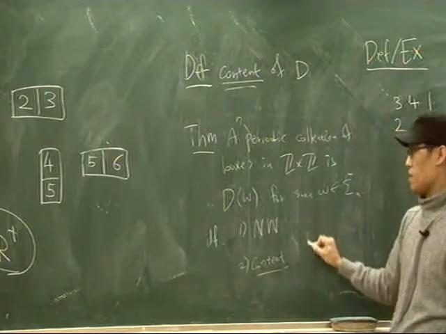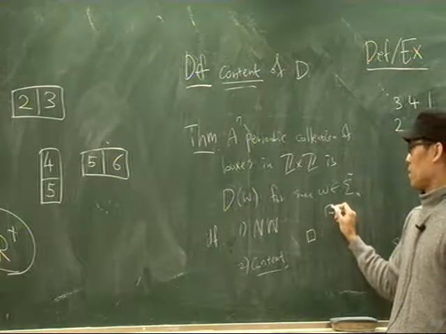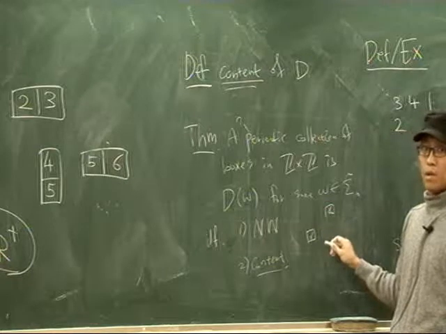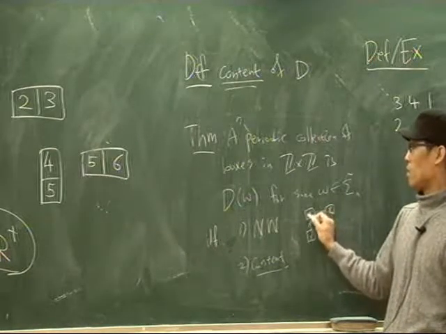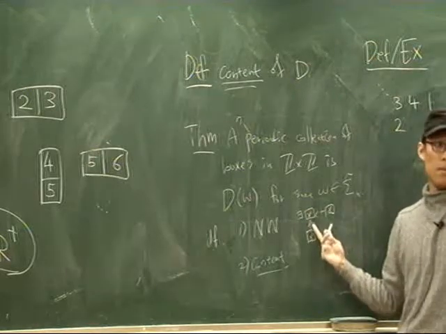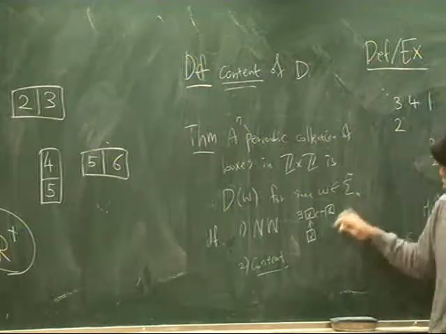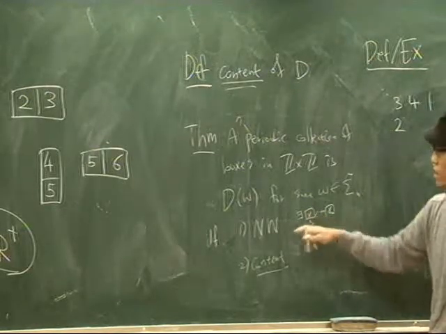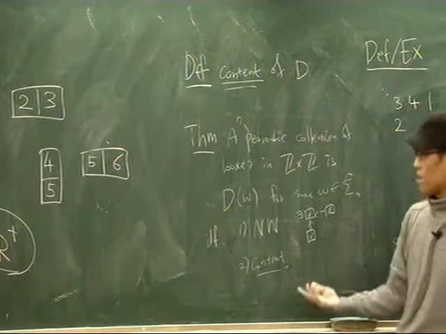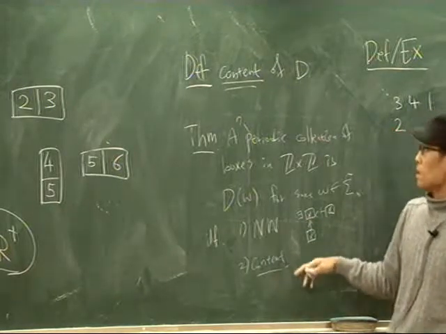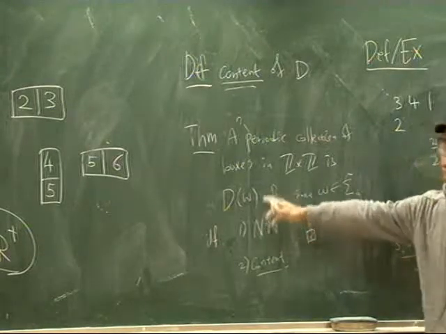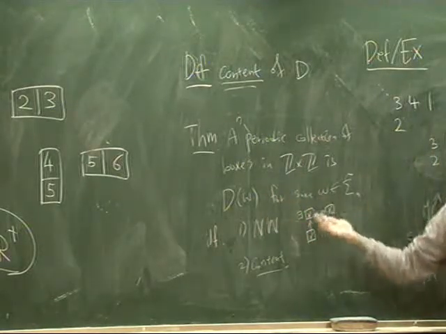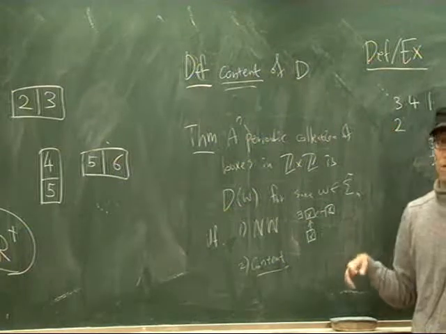Northwest property means if we have these two boxes in a diagram, we also have to have this box in the diagram. If it satisfies the northwest property and there exists a content map, it is a diagram of an affine permutation. It's a necessary and sufficient condition.